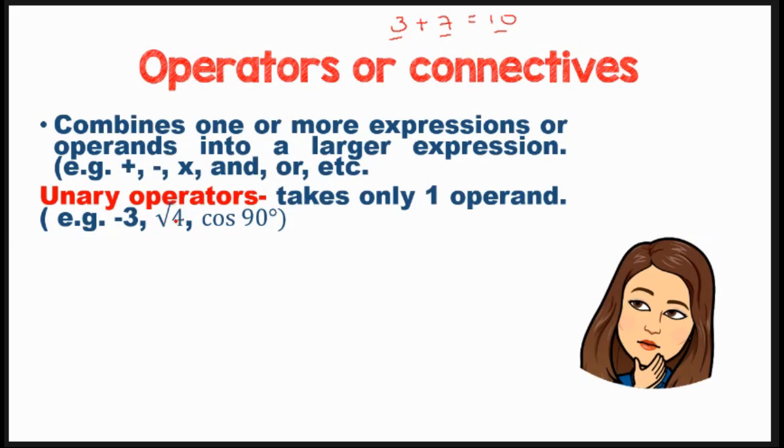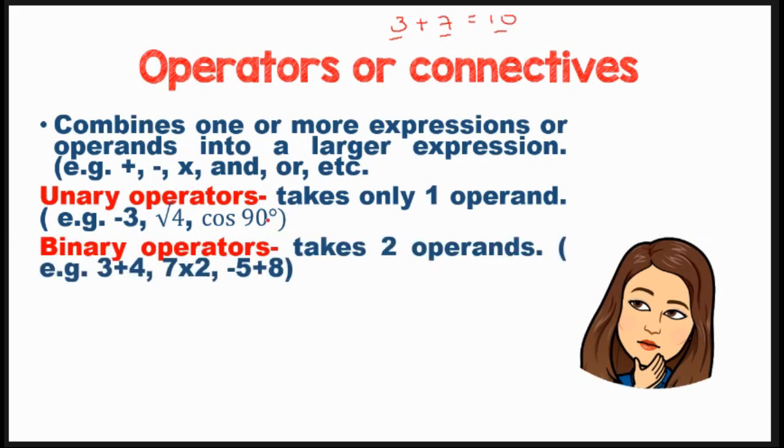The square root will only apply to the expression 4. And then cosine 90. If you are going to compute for the trigonometric function cosine of the angle 90 degrees, cosine will only apply to the value 90 degrees. 90 degrees is our expression.